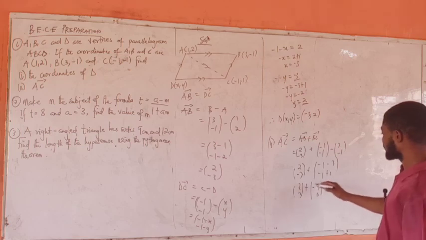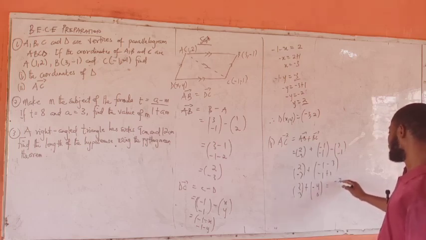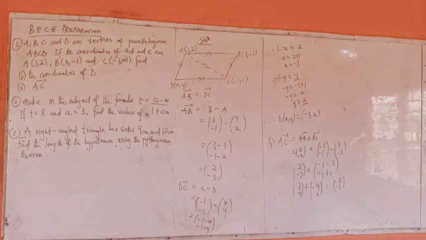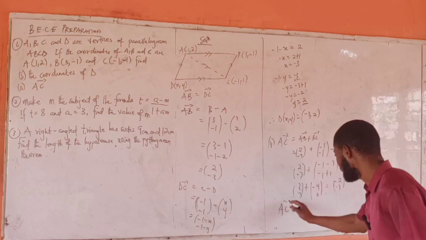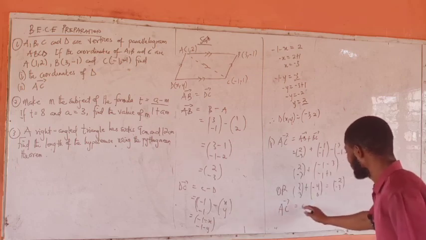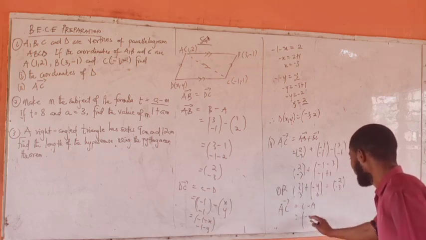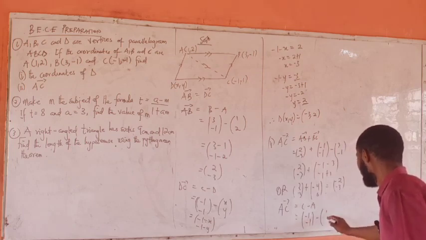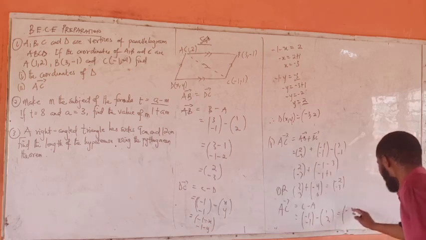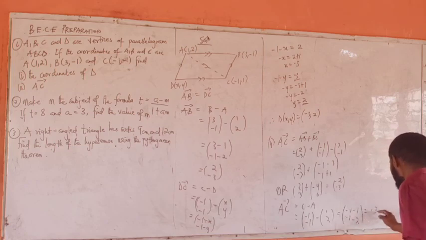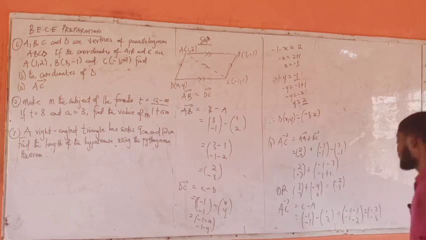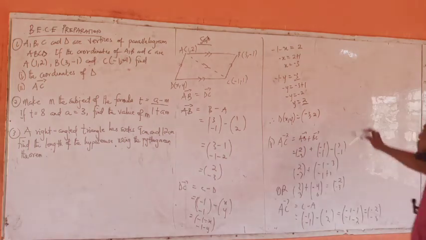Then (2, -3) plus (-4, 0) gives (-2, -3) for AC. Let's confirm using the other approach, C minus A: (-1, -1) minus (1, 2) is (-2, -3). So tick for both of them.